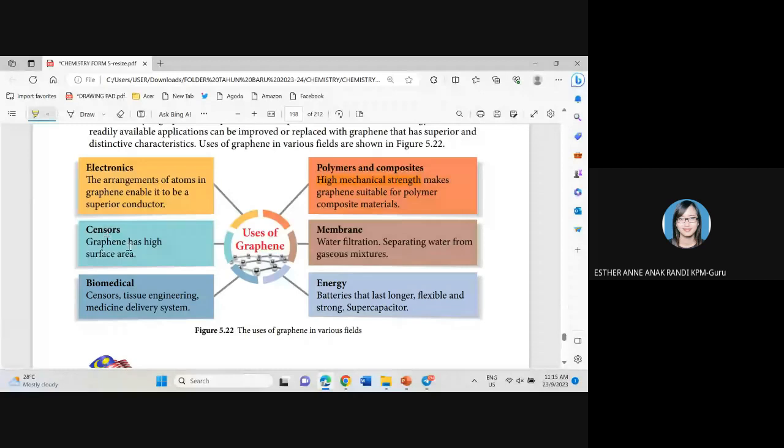Biomedical to test for tissue. In machine, polymers and composite, because they are very strong, they are good polymers. In water filtration, water filter, and in terms of energy in batteries, they last longer, flexible and strong.